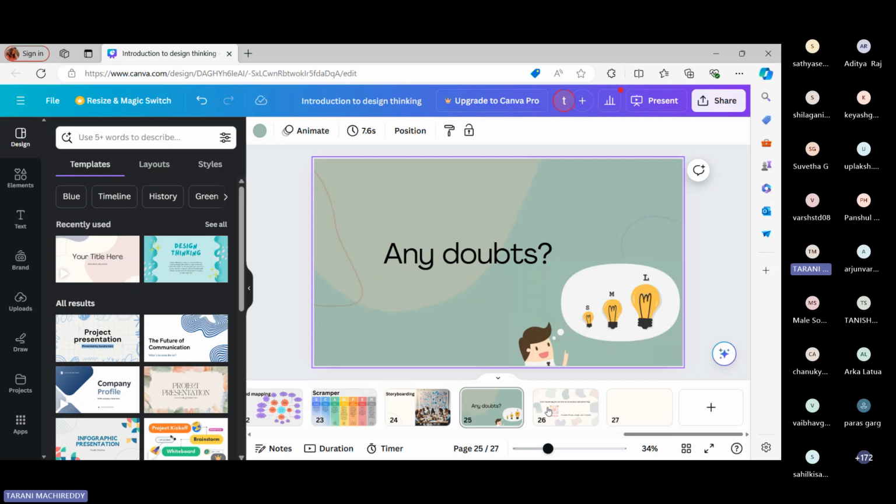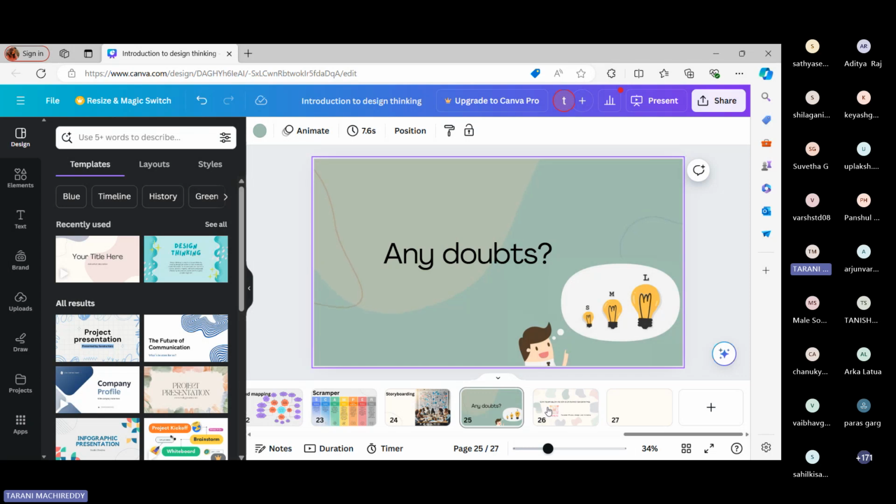What is the difference between mind mapping and storyboarding? Okay, basically all these ideation techniques are the same, but with unique characteristics. In mind mapping, we have a core problem statement. We make solutions regarding that problem statement, and from those solutions again we make other solutions.